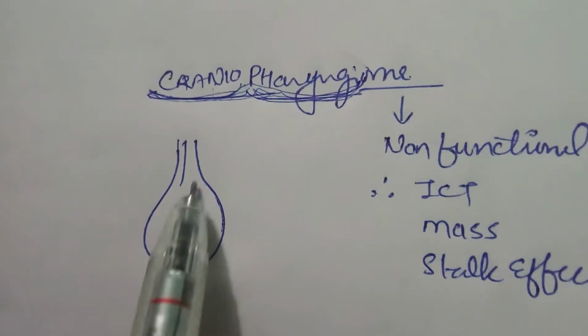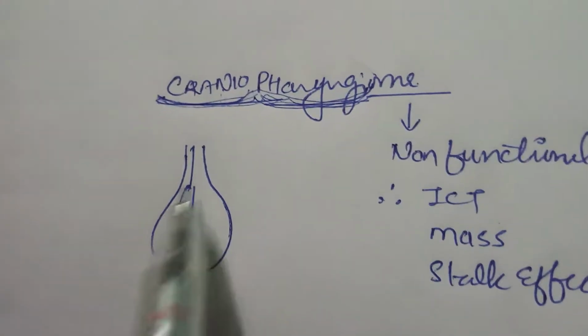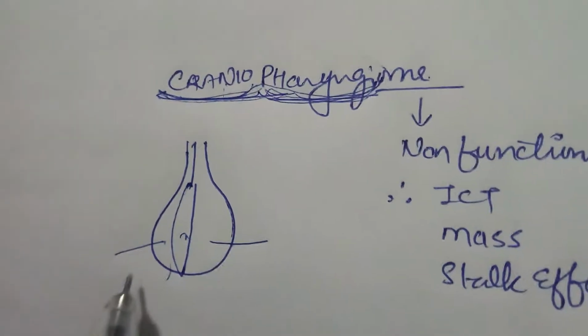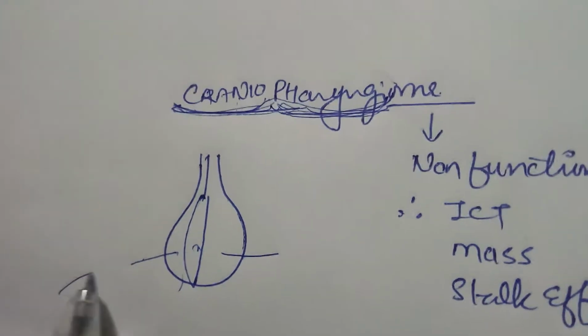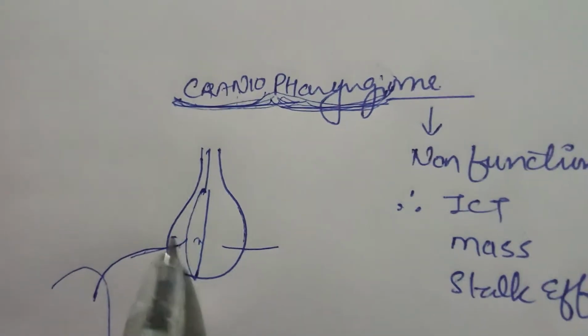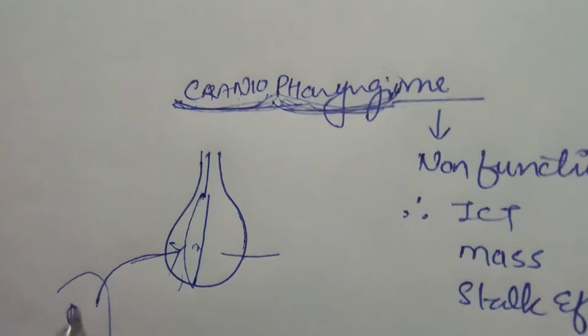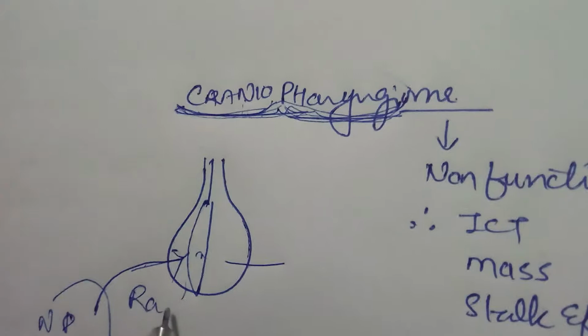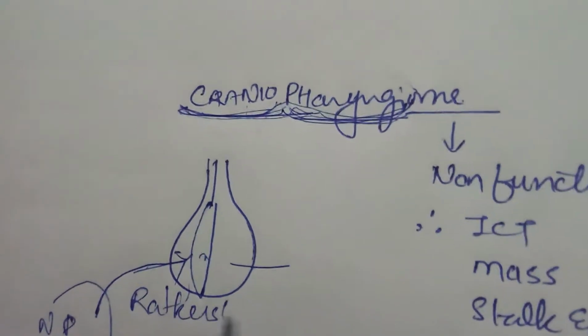As we know, the pituitary has three parts: the anterior pituitary, the middle part, and the posterior one. And we know the anterior part arises from the pharynx, the nasopharynx, as something called Rathke's pouch.